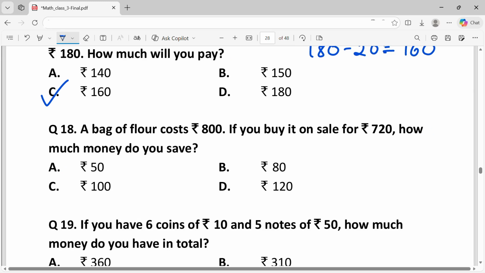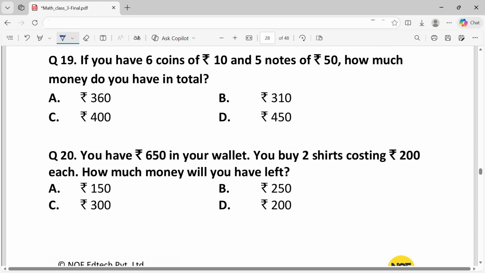Question 18. A bag of flour costs rupees 800. If you buy it on sale, for rupees 720, how much money did you save? So the amount saved will be the cost price, that is 800, minus the discounted price, that is 720, which is equal to 80. So the amount saved is B, rupees 80.